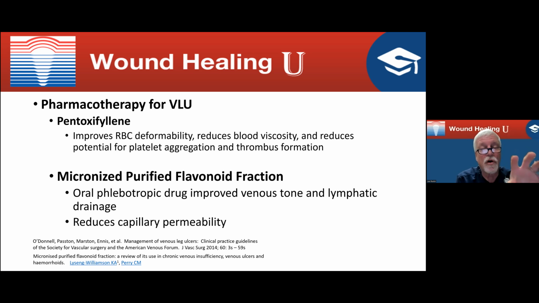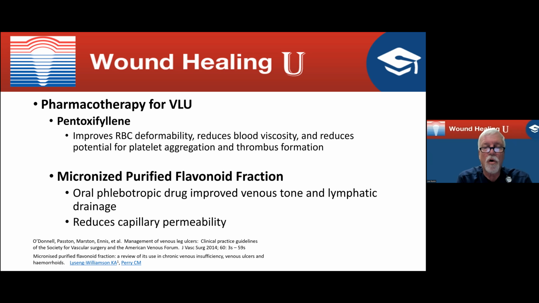And so in that article, they talked about pentoxifylline, or what we know by the brand name Trental, as a potential adjunctive treatment in venous leg ulcers, because it is thought to improve red blood cell deformability, reduce blood viscosity, and reduce the potential for platelet aggregation and thrombus formation. Now, another pharmacologic therapy, the micronized purified flavonoid fractions.